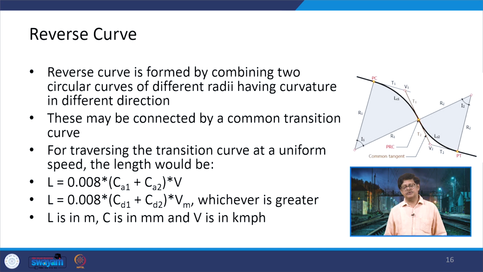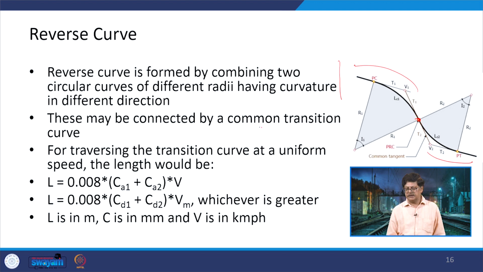In the case of a reverse curve, what happens? In the case of a reverse curve at a point of tangency, when you move outwards from that particular point, there are two curves which are meeting at this point, but they have a reverse curvature. So, one curvature is in this direction, whereas another curvature is in the other direction, and they have different radius being provided here, may or may not be different, can also be equal.